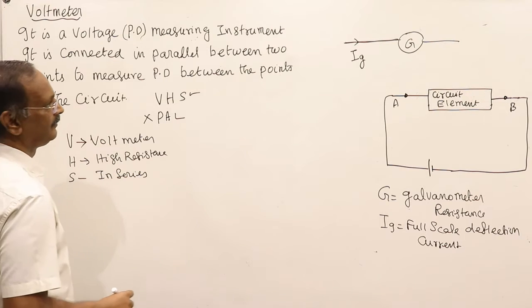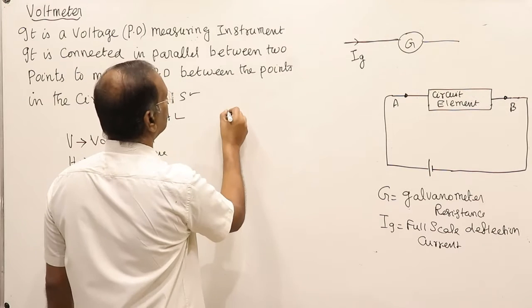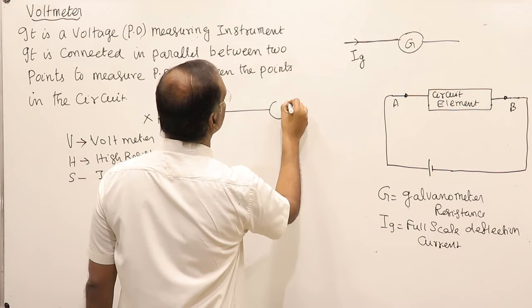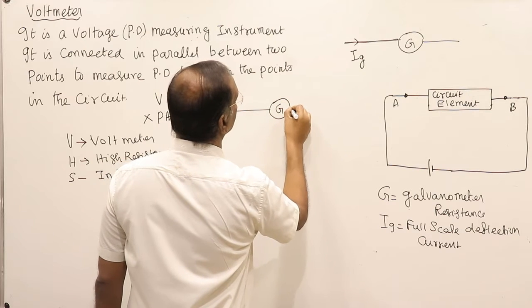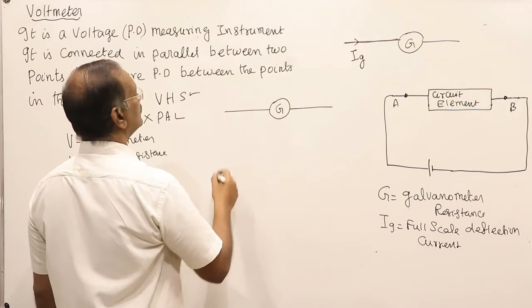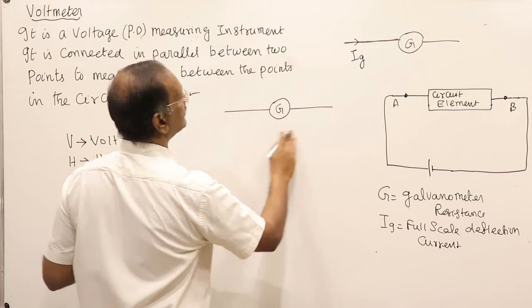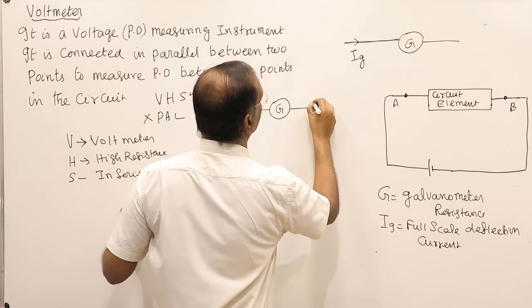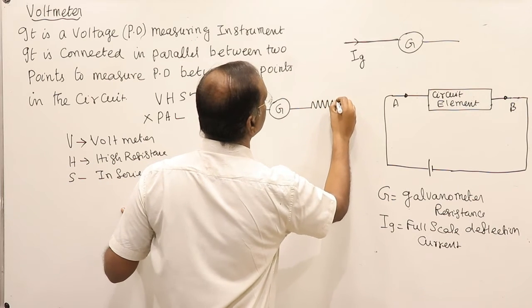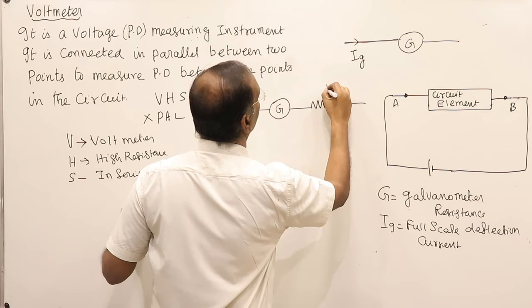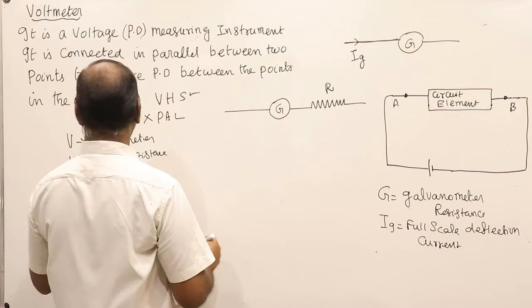It means we are going to connect, with this galvanometer which has a galvanometer resistance G, a high resistance in series. We call it R in series.